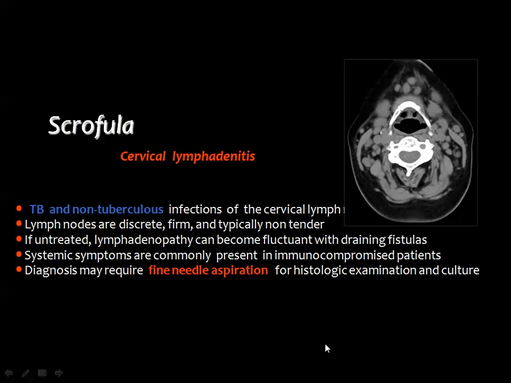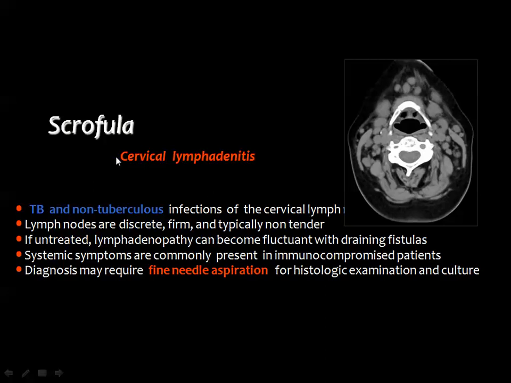Then scrofula is the term which is given to inflammation of the cervical lymph nodes, whether it is of tuberculous etiology or non-tuberculous etiology. But in many cases, we see that TB is the underlying cause of cervical lymph node inflammation.